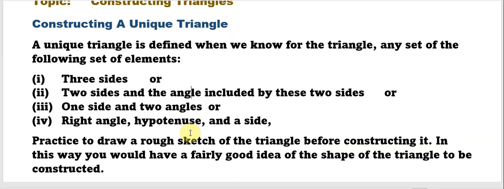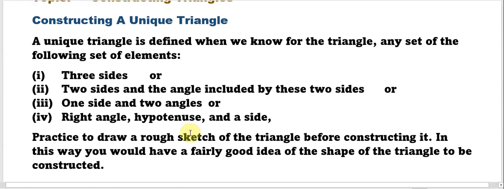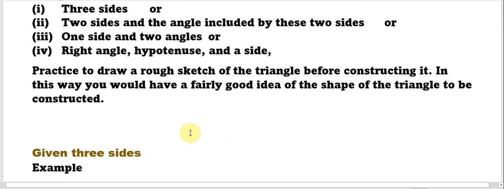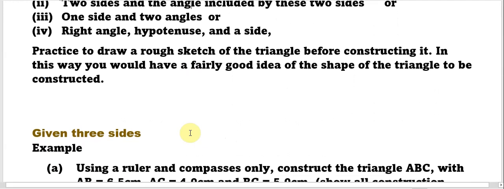In this way, you will have a fairly good idea of the shape of the triangle to be constructed before actually starting the construction. So let us look at the first type here, given the length of three sides.